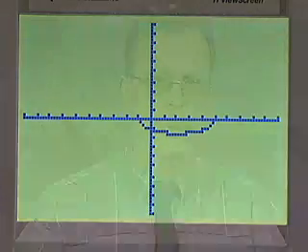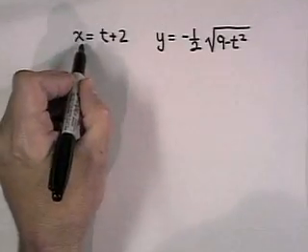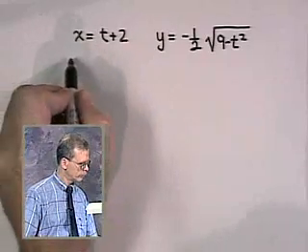Now, one of the things that we'll need to do is, given a parametric equation system, we'll want to substitute and try to find the equivalent rectangular form. Let's take those two parametric equations and try to find the standard rectangular form now. Here we go. We'll look at the simpler one first and solve this for t.